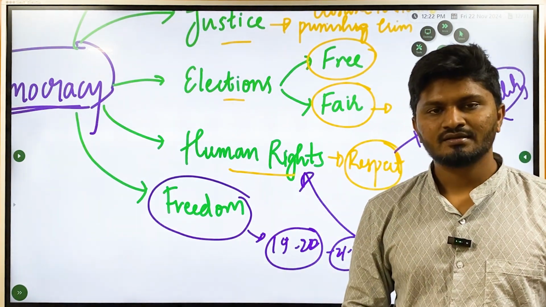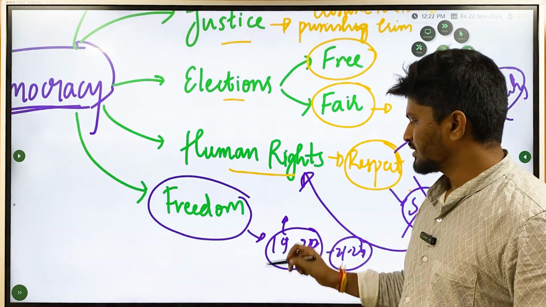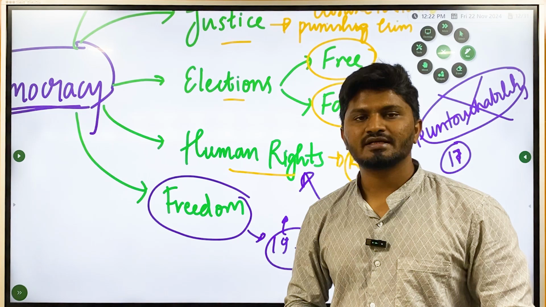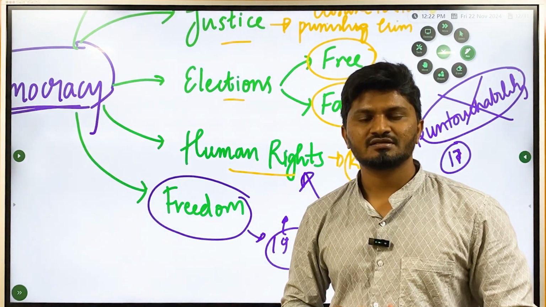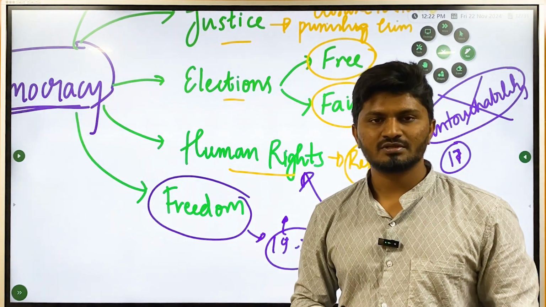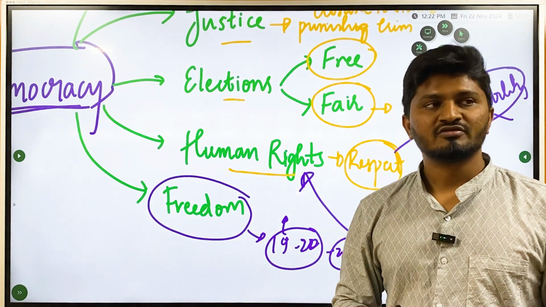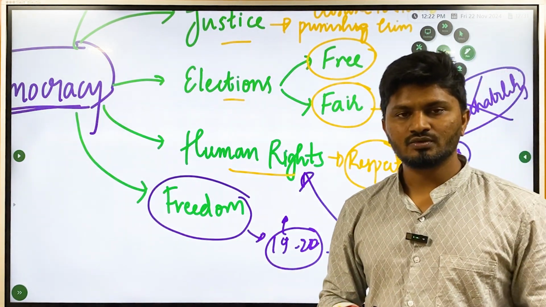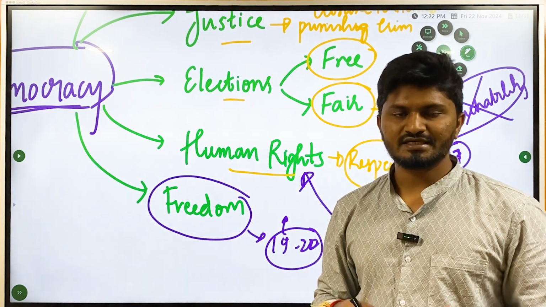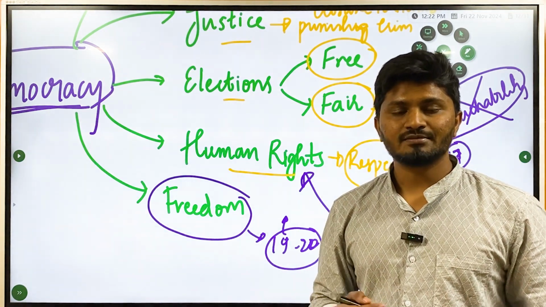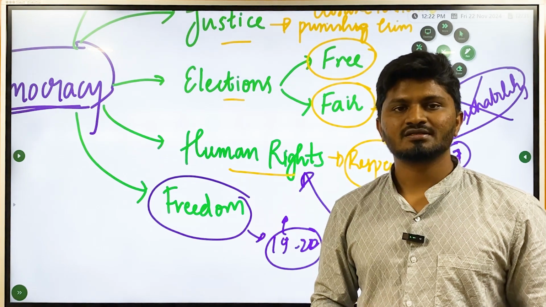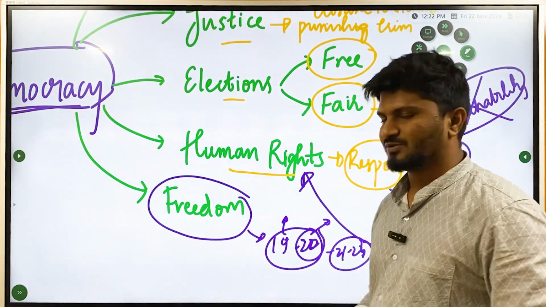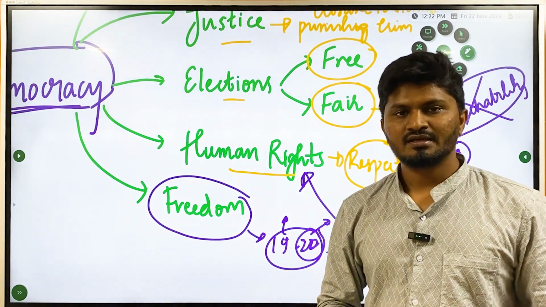Article 19 talks about certain freedoms, such as freedom of speech and expression, freedom to form assemblies without arms, freedom to form associations and cooperatives, the right to move anywhere in the country, the right to reside anywhere in the country, and the freedom to practice any profession which he wishes. And Article 20 deals with rights against ex post facto laws, the right against double jeopardy, etc.